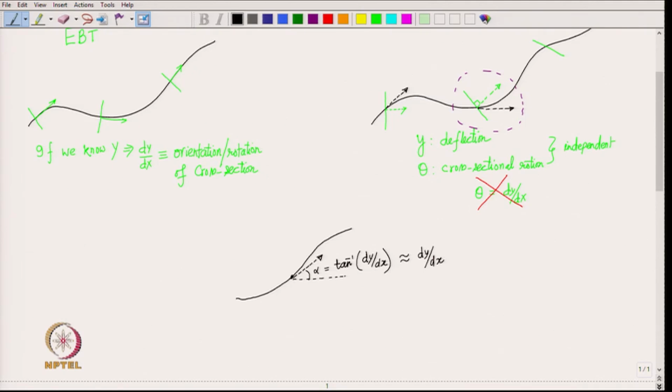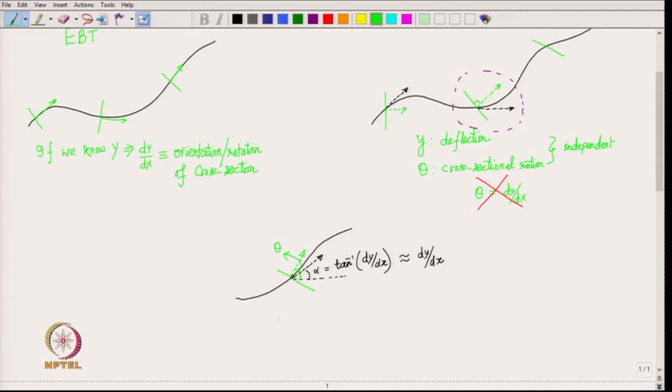Okay. Let us then think of the cross section. At this point the cross section could be something like this, and here is the cross sectional normal, and the normal would make an angle of theta from the horizontal. So, this angle is theta.